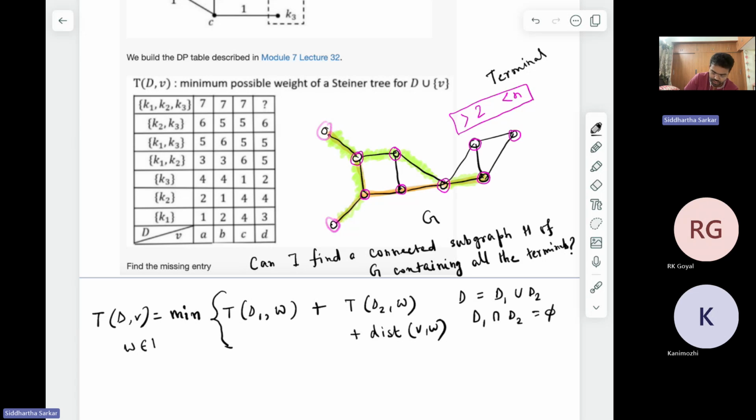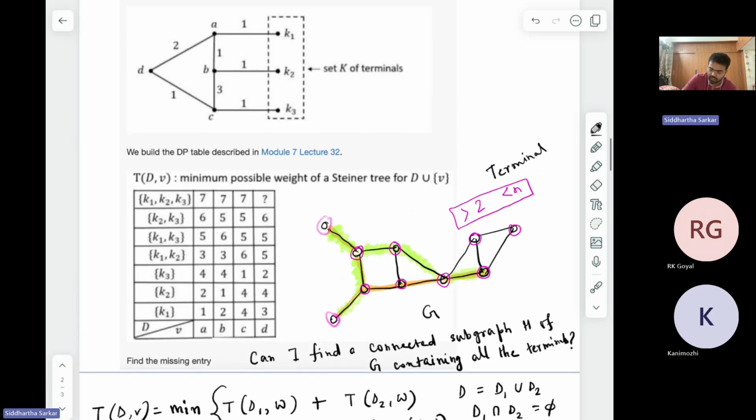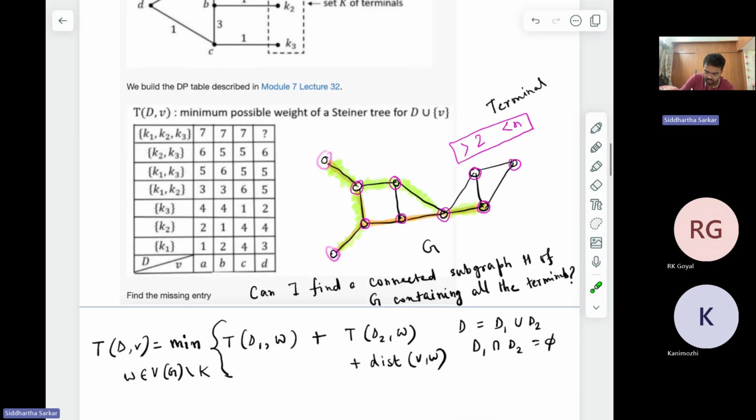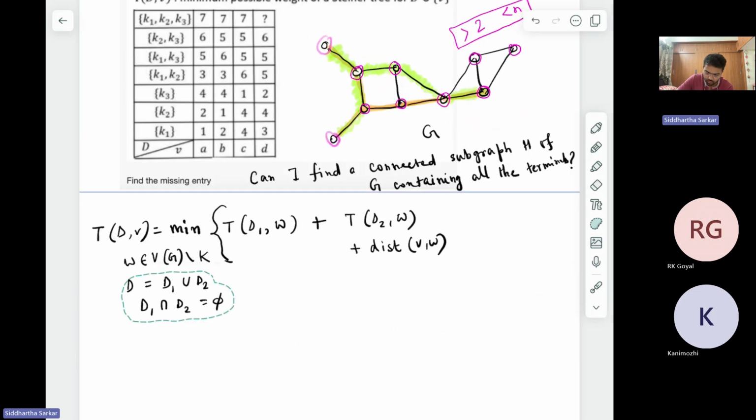Let us say VG denotes the set of vertices and K denotes the set of terminals. Here also you can see that this set K is denoting the set of terminals. So all the non-terminals have to be taken into account, and all the possible partitions of D into D1 and D2 you have to take into account.